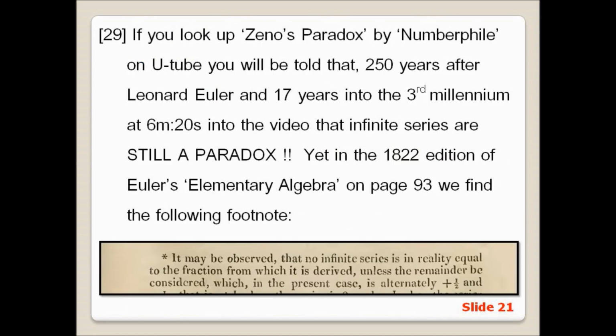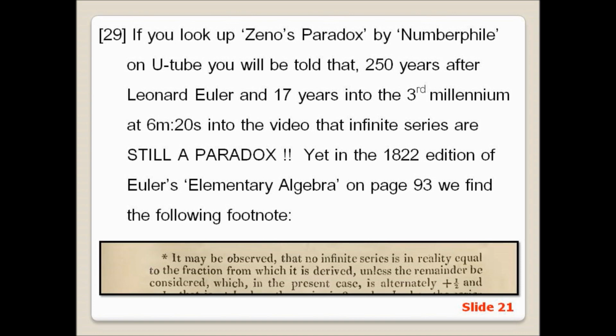If you look up Zeno's paradox by Numberphile on YouTube, you will be told that 250 years after Leonhard Euler and 17 years into the third millennium, at 6 minutes 20 seconds into the video, that infinite series are still a paradox.